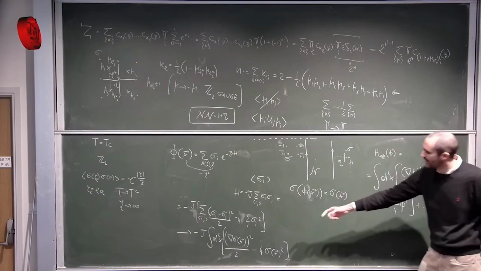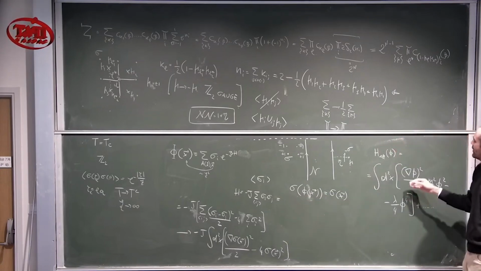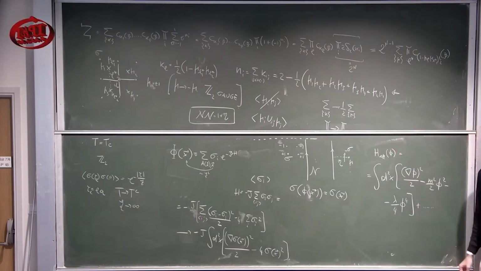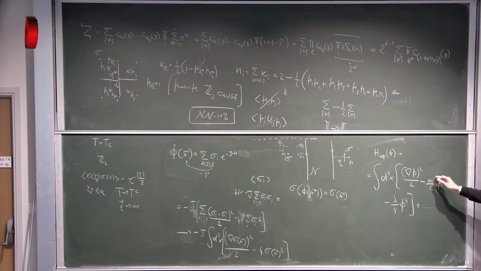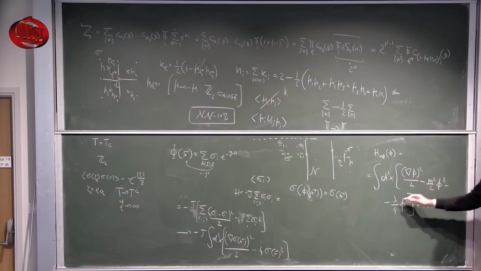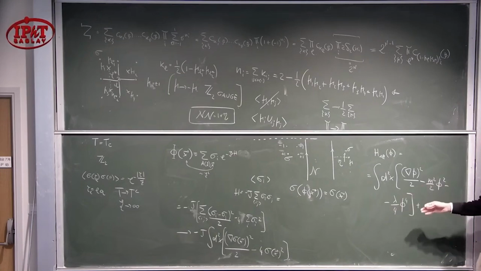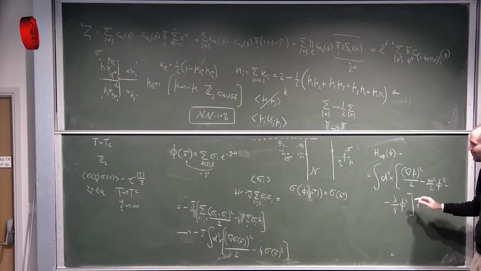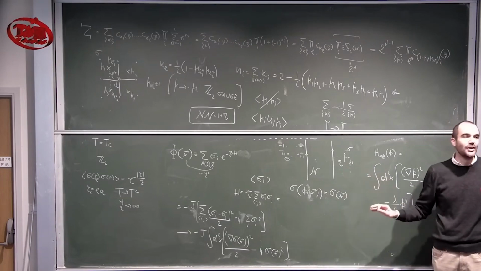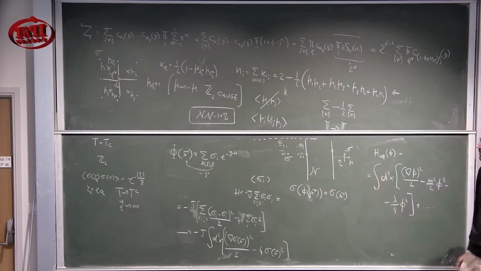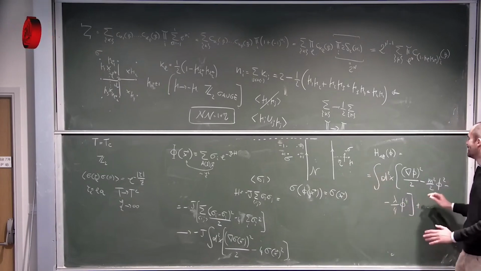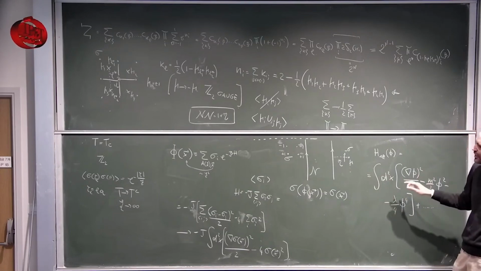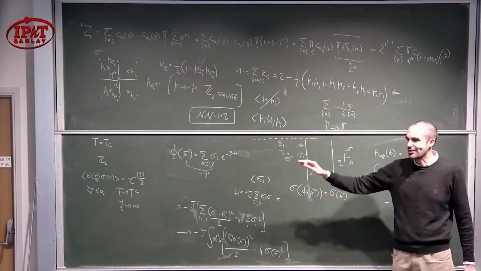I rescale the kinetic term, so I've canonically normalized phi by dividing by the square root of J, and then I'm defining some effective couplings m squared and lambda, which in principle, if I wanted to, I could try to compute from the microscopic theory, but for my purposes, I don't need to, so I can just match them to the phase transition.